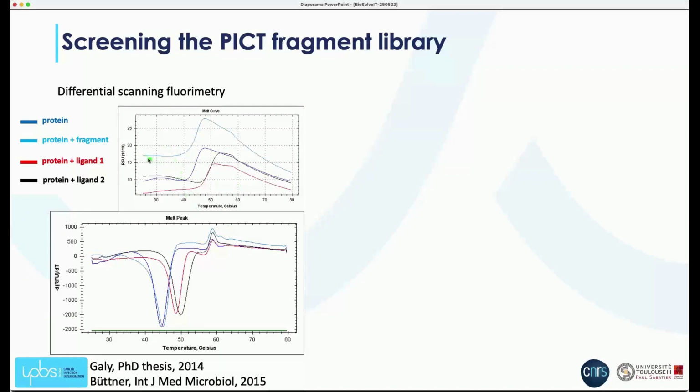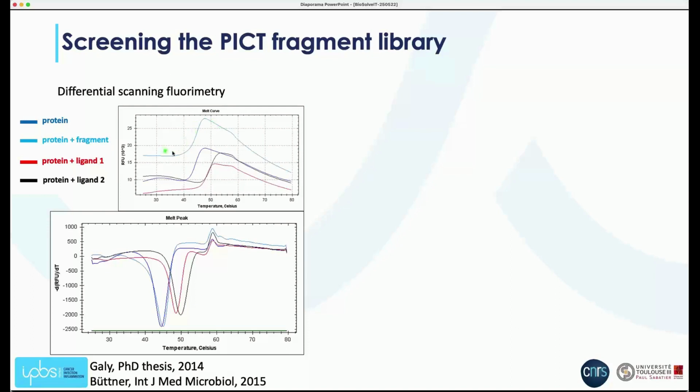As you know, in thermal shift analysis, you follow the fluorescence of a probe while increasing the temperature of the protein. When the probe is in a hydrophilic environment, it's not fluorescent. When the protein denatures, the environment of the probe becomes more hydrophobic, and you have an increase of the fluorescence.